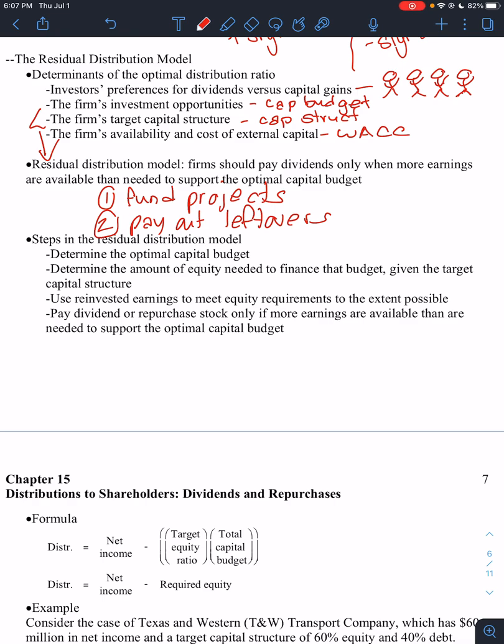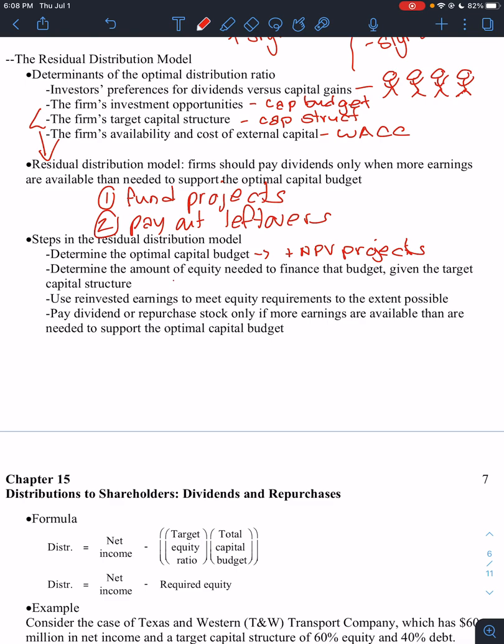Now, if you want some more specific steps that are a little better than fund projects, pay out leftovers, here are the four technical steps. Determine the optimal capital budget, so that would be to take all the positive NPV projects that you can. Determine the amount of equity needed to finance that budget given the target capital structure.